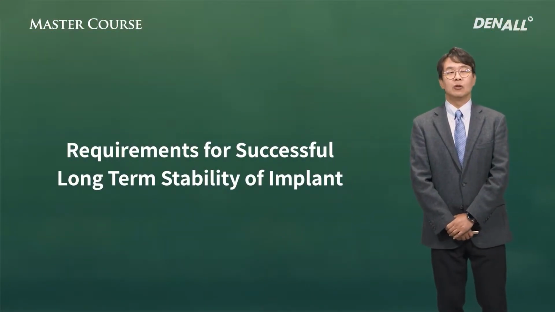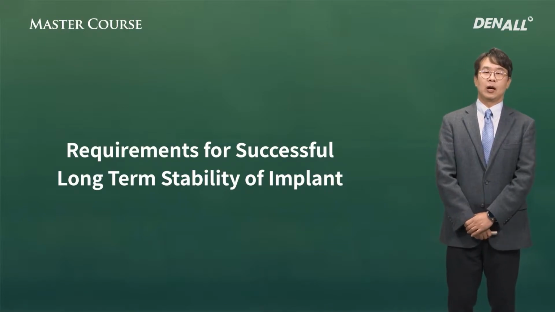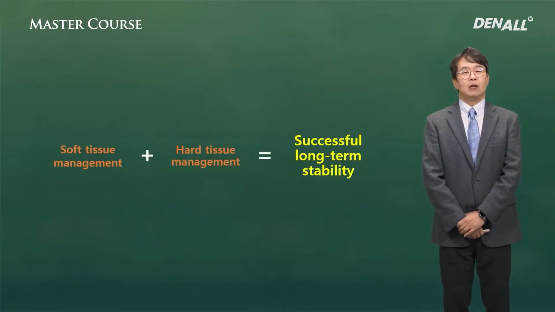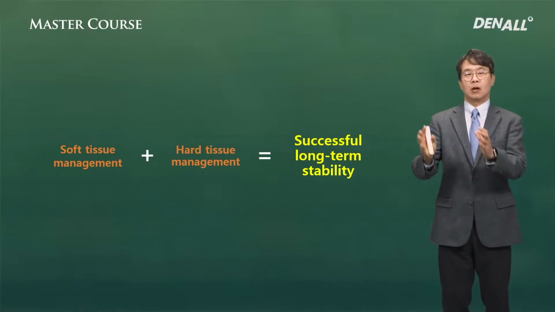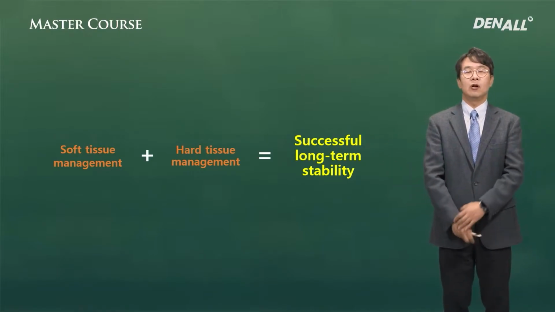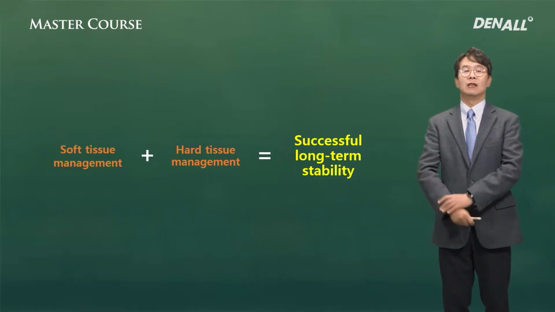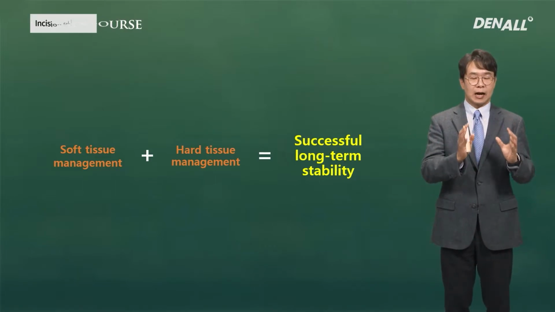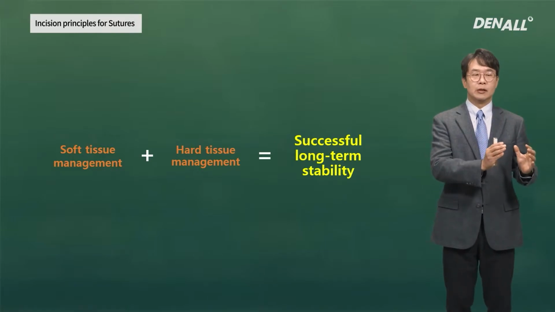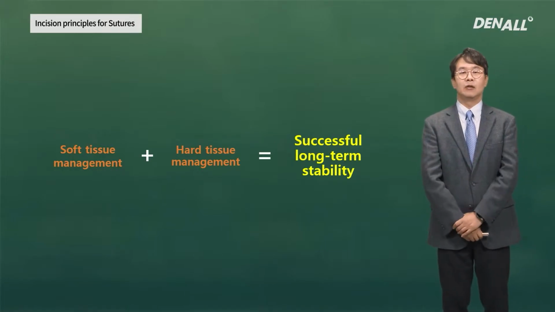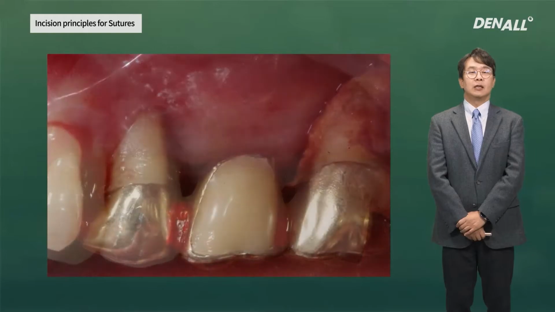First, for successful long-term stability of implants, what are the requirements? Just soft tissue stability or hard tissue stability would not be good enough. Both of them should be stable. For long-term successful stability, soft tissue and hard tissue need to be stabilized.